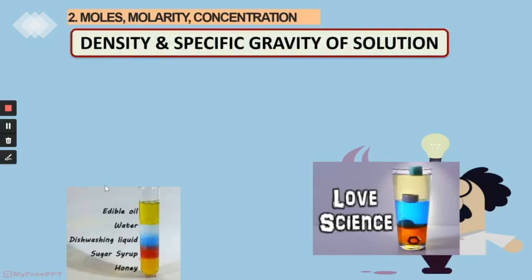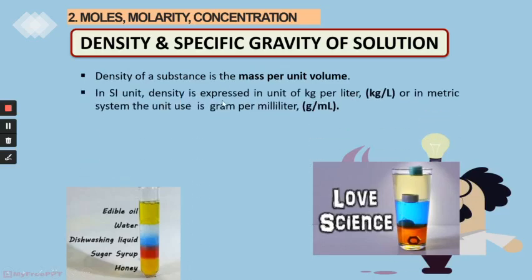So look at the density and specific gravity of solution. Density of a substance is the mass per unit volume. In SI unit, density is expressed in unit of kg per liter. Or in the metric system, the unit used is gram per milliliter.